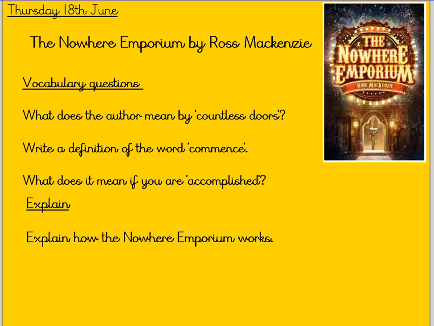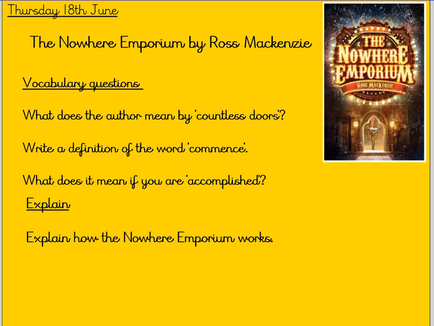So first of all, we've got the vocabulary and explanation questions, which you can possibly answer before you read the chapter, or if you prefer, answer after you've heard the chapter. The vocabulary questions are: what does the author mean by countless doors? Write a definition of the word commence.